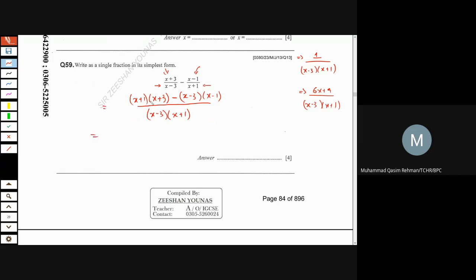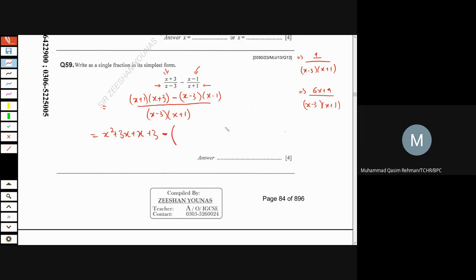Now, I'm going to expand this one first. x times x is x squared. And then x times 3 is 3x. And then 1 times x is x. And 1 times 3 is 3. I'm going to leave the minus sign here.